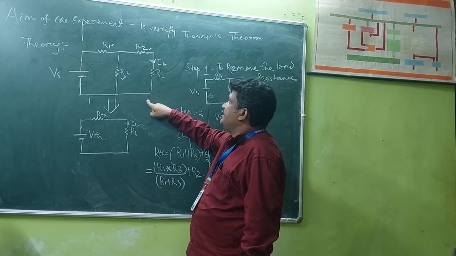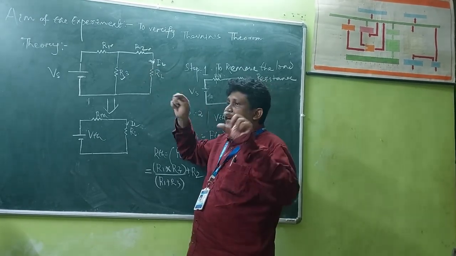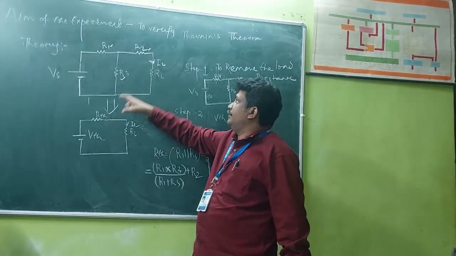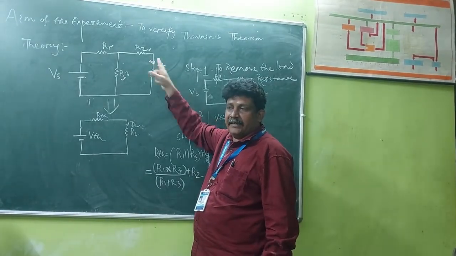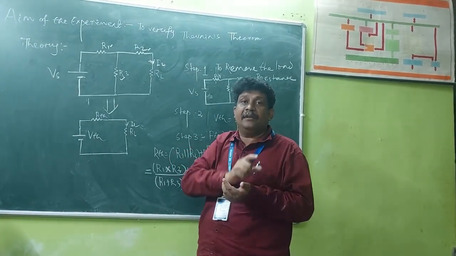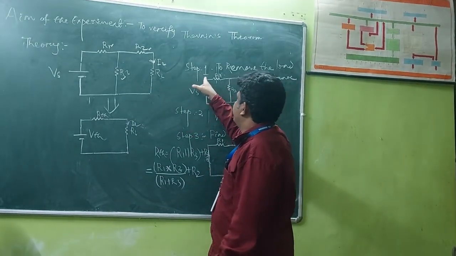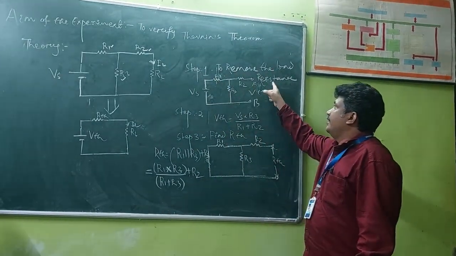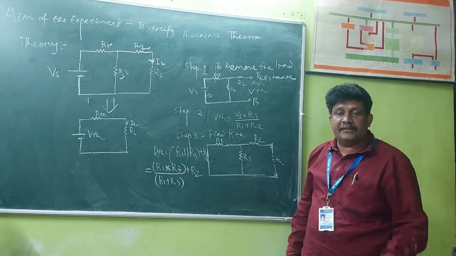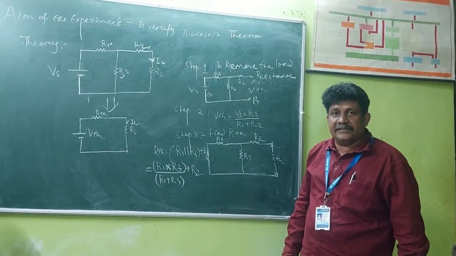After the first initial connection in the advanced network theorem circuit, we measure the value of IL and make the observation table accordingly. So what will be the next step? In the next step we remove the load resistance. What is the requirement of removing the load resistance?